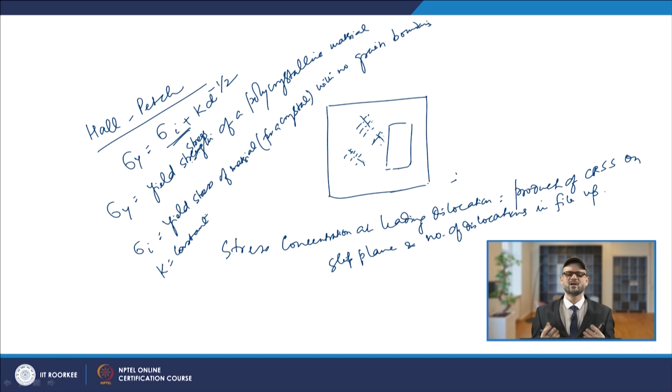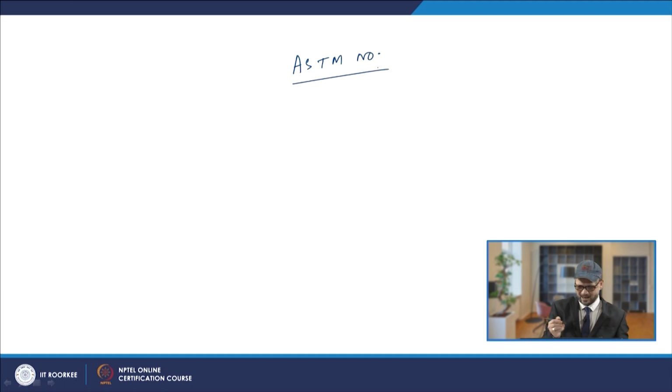That is what is clear from here. Now, as we see, normally we specify the grain sizes in terms of a number, and it is normally given by the ASTM number. So, suppose you have ASTM number n.